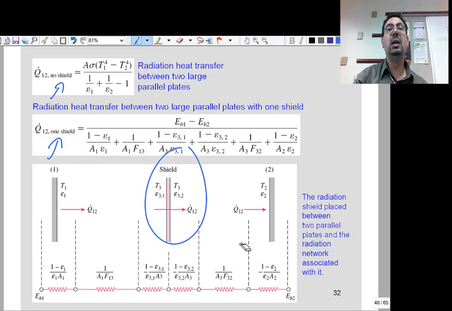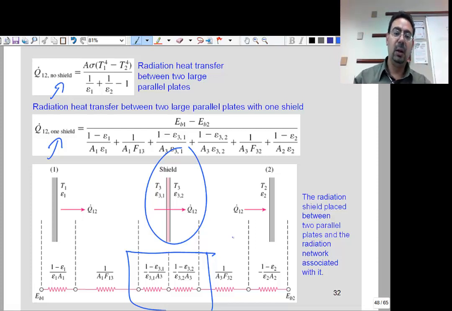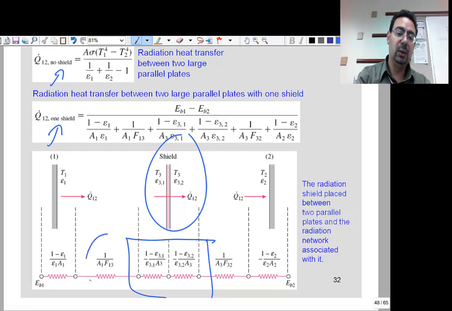So what did this guy do when we inserted him like this? He added two surface resistances, his own epsilon. And rather than having just one of those guys, you have two now. You have two geometry factors between those, right?